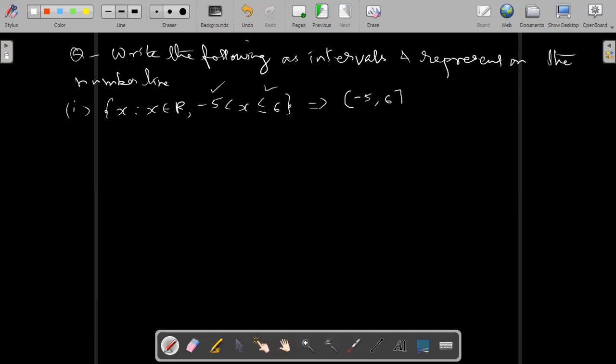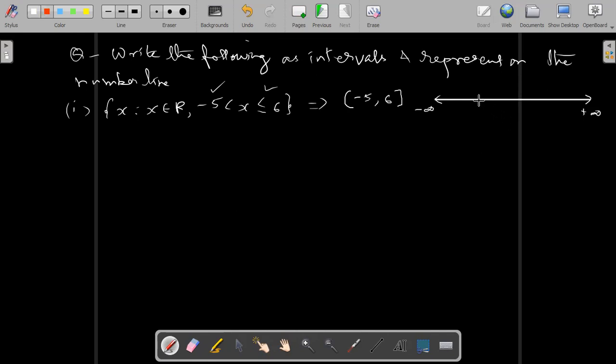So this is a semi-open interval. And in order to represent it on the number line, you need to show only these two numbers, minus 5 and 6. Other numbers are not required. On the left side you can write minus infinity, on the right side plus infinity.